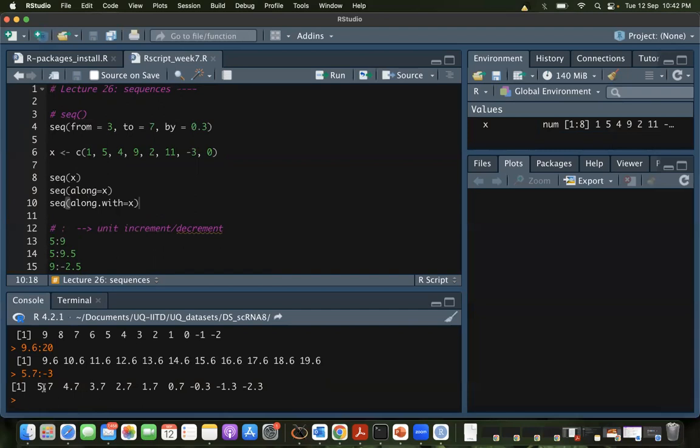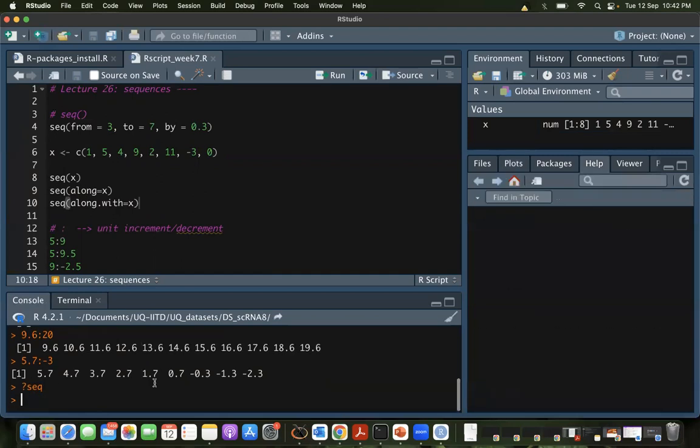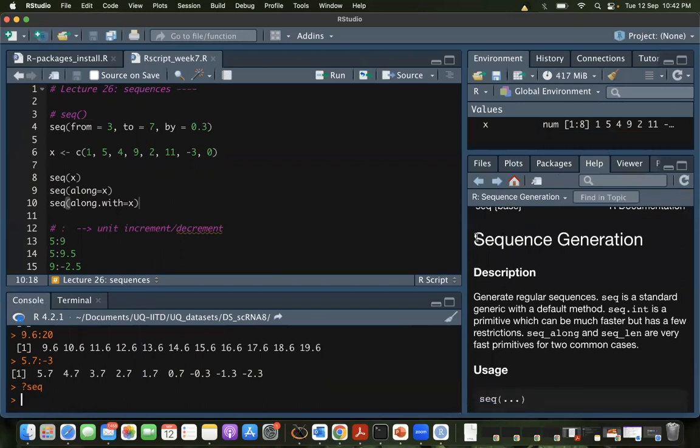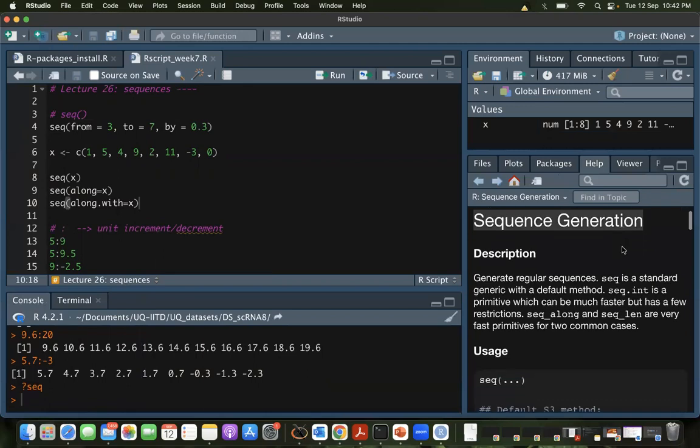And if you take a look at what arguments the seq function offers, we have seen how you can put a question mark followed by the name of the function, and then you can check what it is doing. So the main topic is sequence generation.